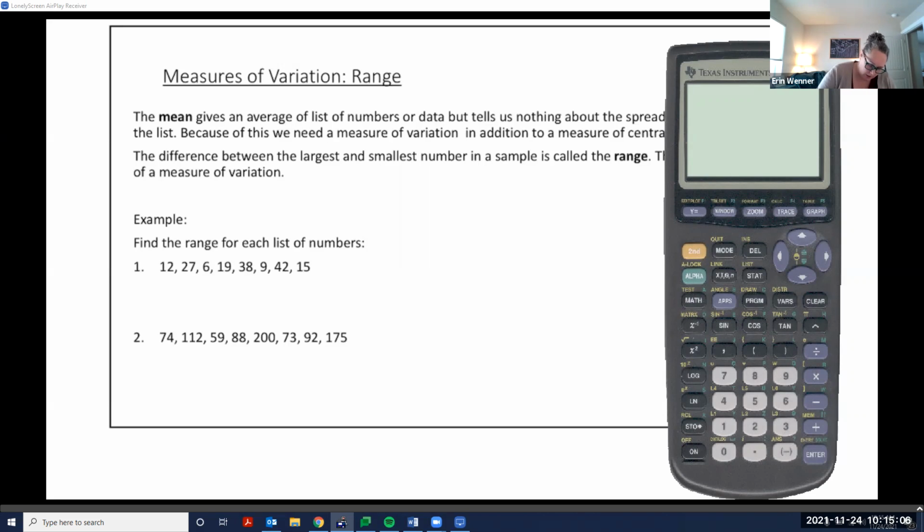So for our first set, our highest number here is 42. Our lowest number is 6. So 42 minus 6 gives us a range of 36. If you haven't already, go ahead and do number 2.